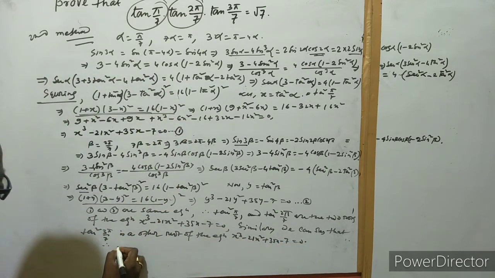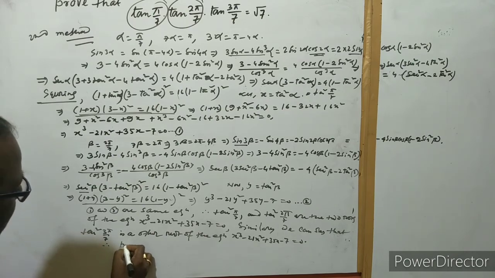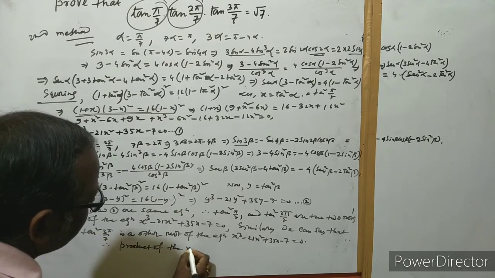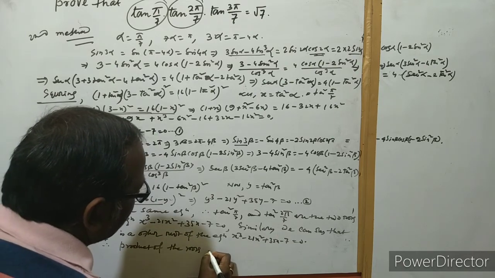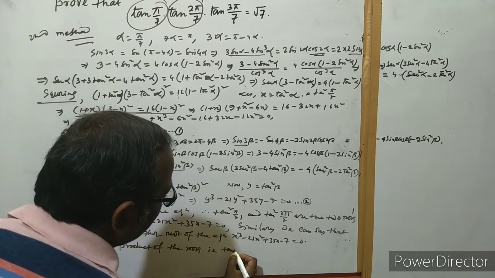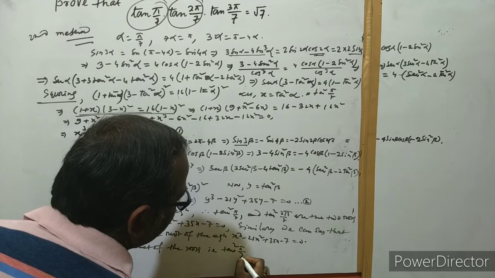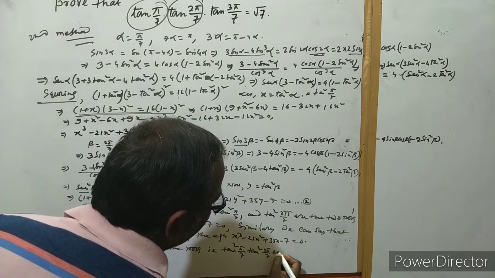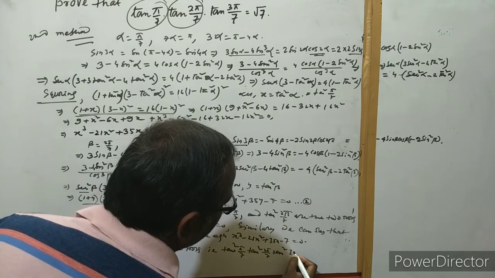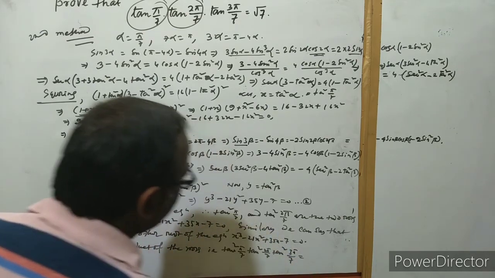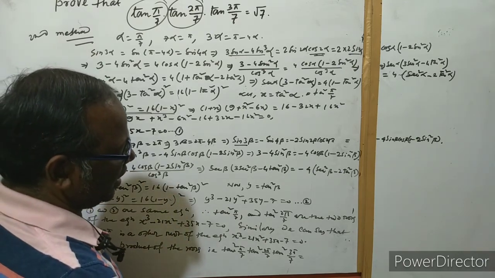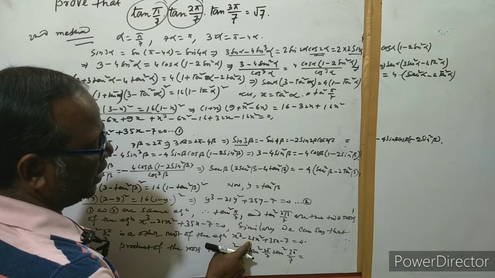Therefore, the product of the roots, that is tan square pi by 7, tan square 2 pi by 7, tan square 3 pi by 7, is equal to say C. From our theory of equations, we can say that the sum of the roots is equal to minus a1 by a0.